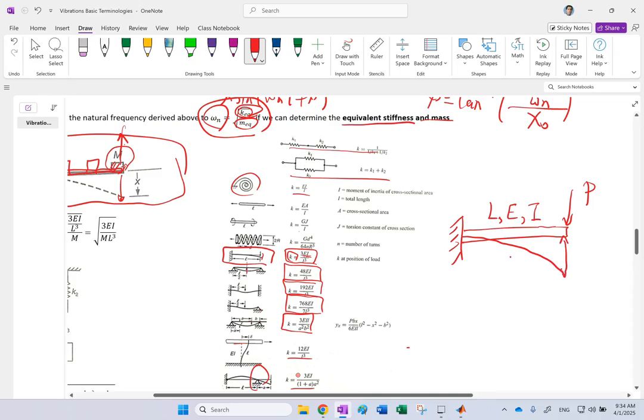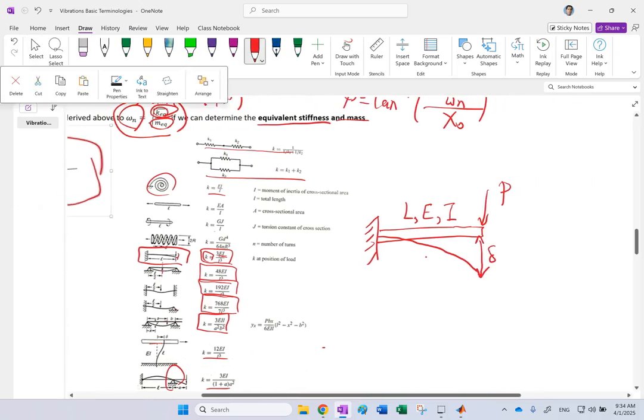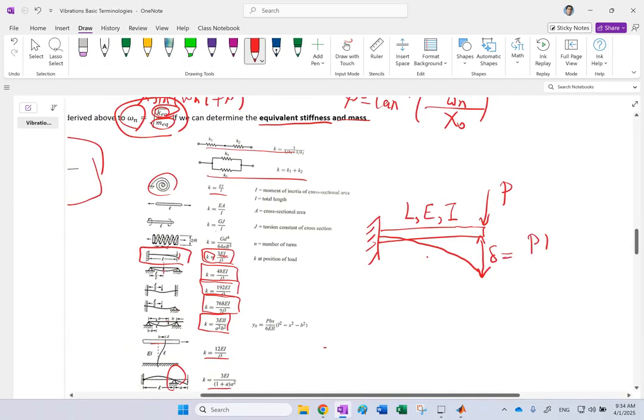And the amount of this deflection delta at the end, if you remember, from solid mechanics is PL cubed over 3EI. If you don't know where this comes from, look at my solid mechanics playlist videos and you'll find it, where I have a video on calculating deflection of the beams, and I did this. Okay, now what does it have to do with K equivalent?